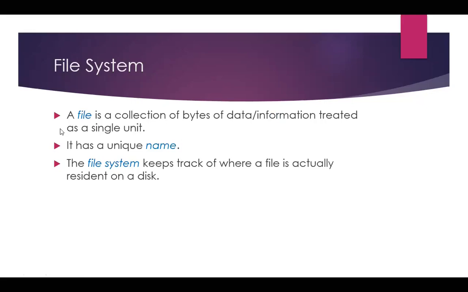So this my file, my lecture file, PowerPoint presentation file, is a collection of bytes, which is treated as a single unit by my operating system. It has got a unique name, and the file system keeps track of where the file is actually located in my hard disk.